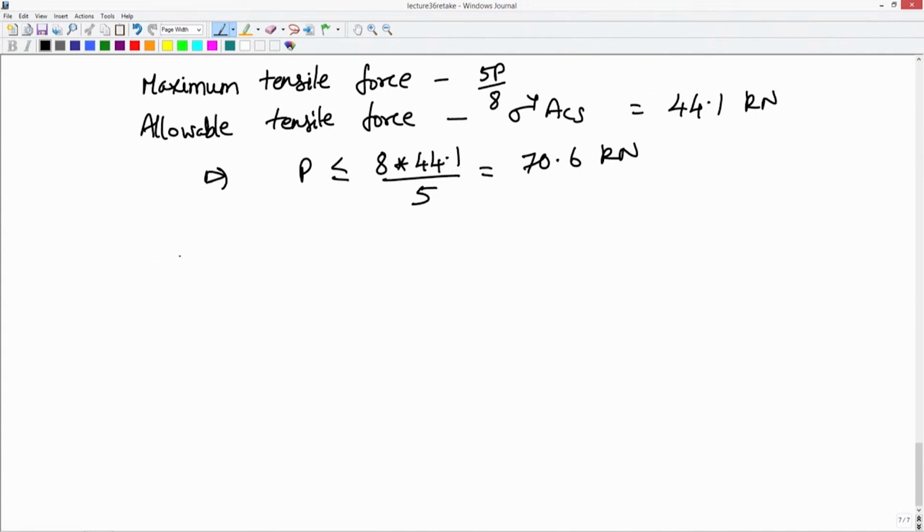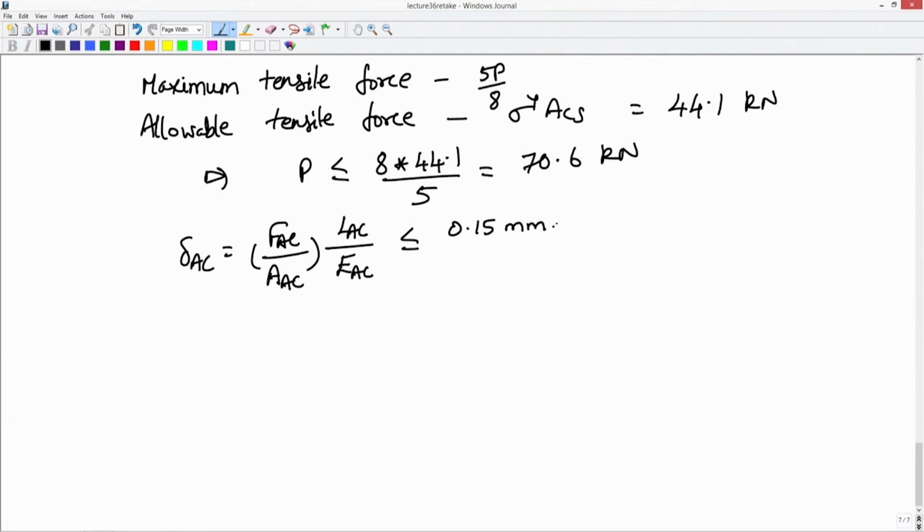So, delta AC would be the stress in the member AC, force divided by area of AC, divided by the Young's modulus of AC, which would give me the strain in that member, into the length of AC, which will give me how much the member has elongated. So, this has to be less than or equal to 0.15 mm.